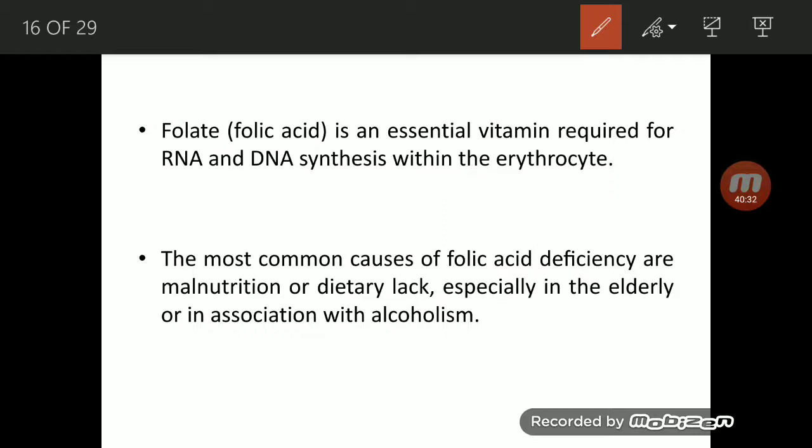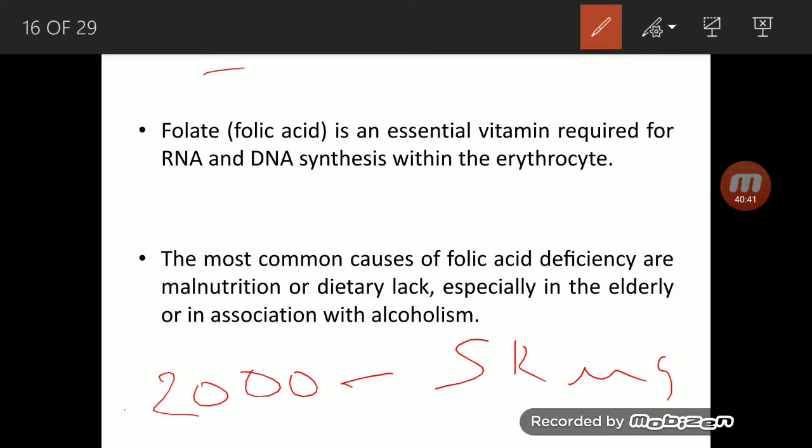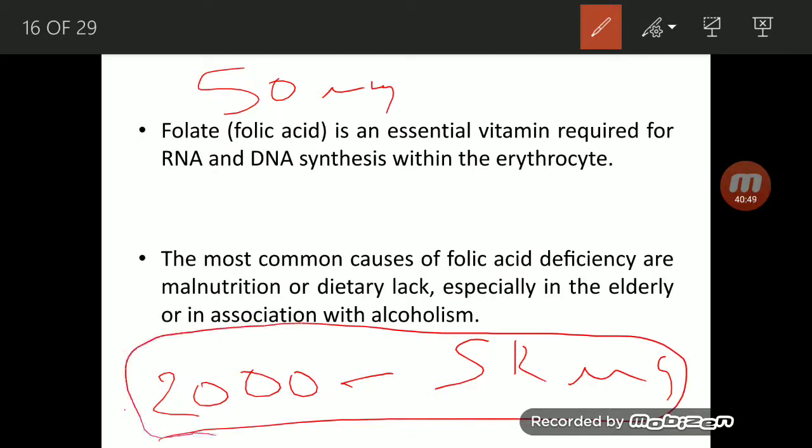Near around 2000 to 5000 microgram of your folic acid is stored in your body, and the daily requirement of your folic acid is around 50 microgram only.